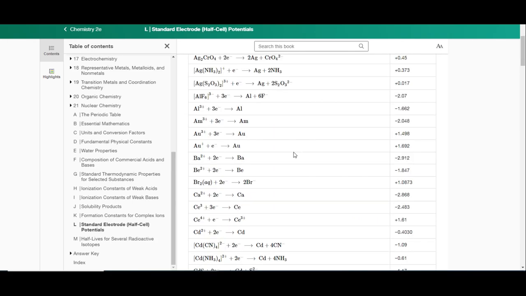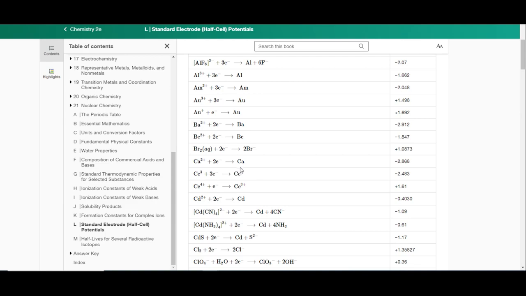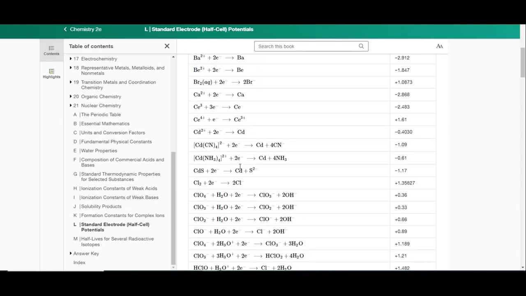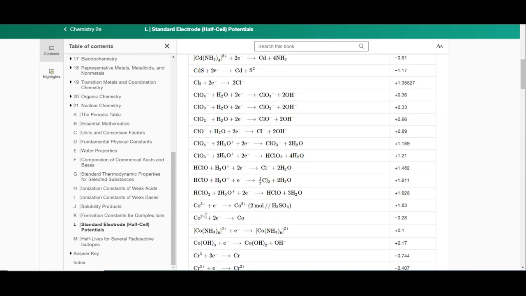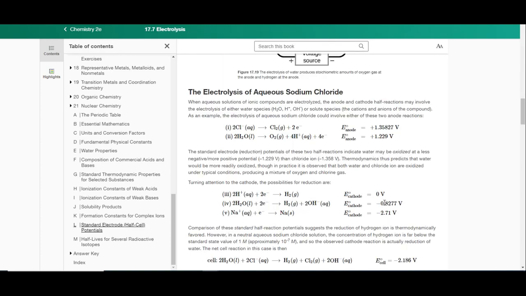So if we look at our standard reduction potential table, which we can see here, and we look at cobalt, cobalt is down here. We have Co2+. This is minus 0.28. We look back, our negative 0.28 is less than this, so it's favored over H2O, and the reason it's not H+ is because this is an acidic solution, so there's a low concentration of H+.